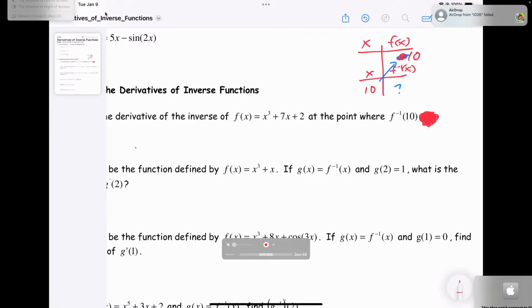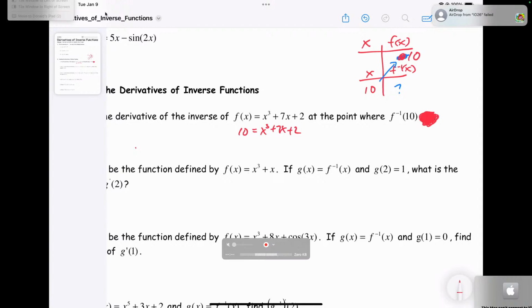So if that's a 10, that means f of x equals 10 equals x cubed plus 7x plus 2. And you can check by guessing, because there is no way to evaluate this if you don't know how to factor x cubed plus 7x minus 8.